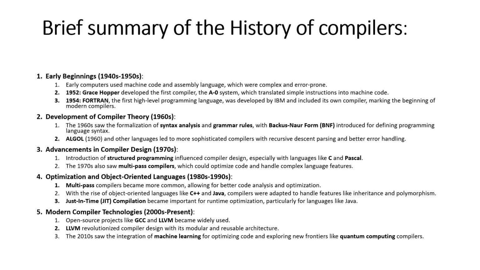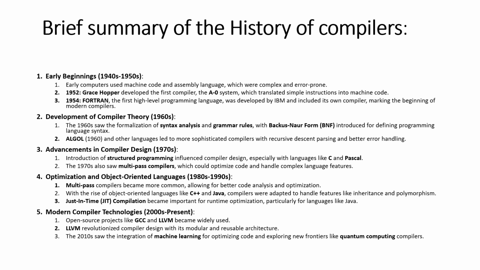After that, there was development of many compilers, like in the 1960s, ALGOL and other programming languages that led to more sophisticated compilers and better error handling. Then in 1970, structured programming was introduced, and compilers were designed to handle complex language features and for optimizing code.